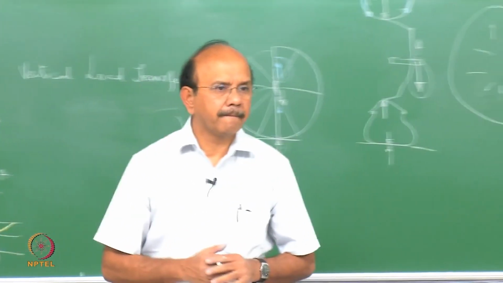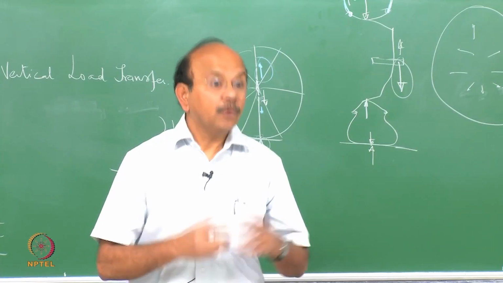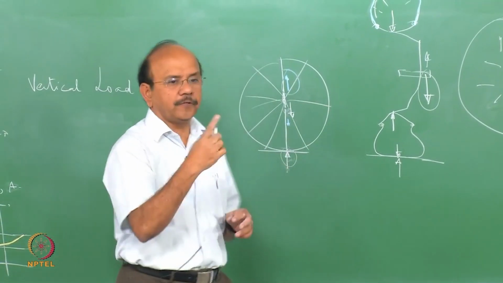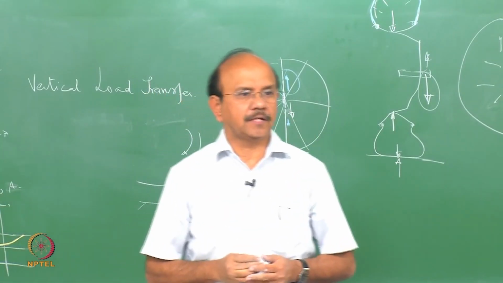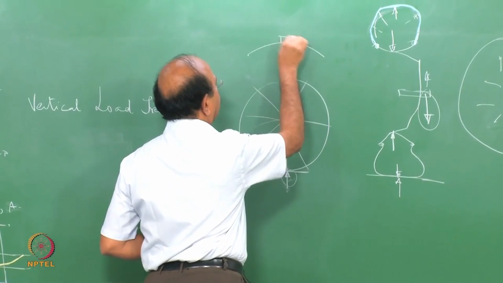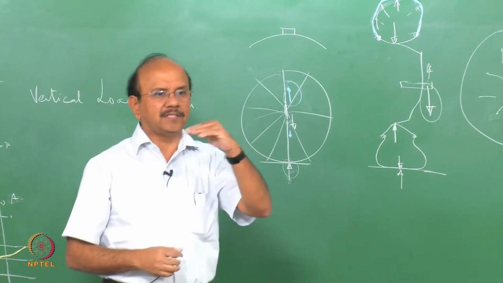So this tread thing, sir, are we actually assuming it or is it actually there? No, it's actually there. The first day we saw that tire, and we will see it again in the next class. You will have tread blocks, and actually you have belts and tread blocks.